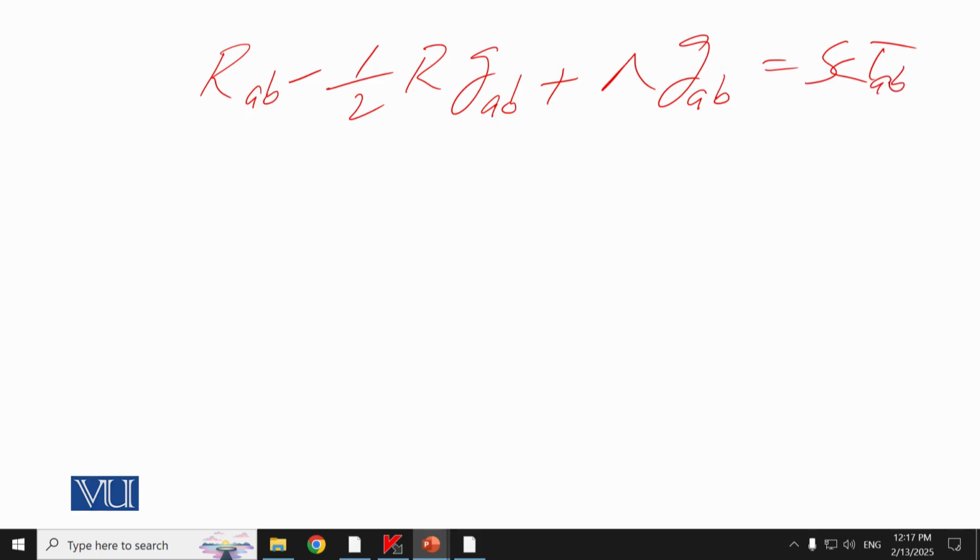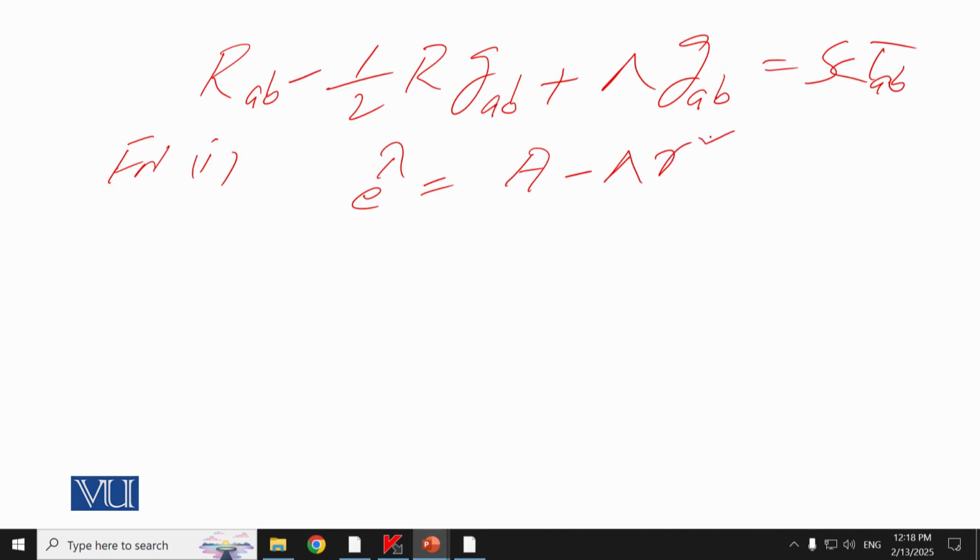Now we proceed on the same lines as we have discussed the two cases earlier with different Einstein field equations. So for the first case, we find the solution e raised to power lambda is equal to, say, a minus lambda r square.